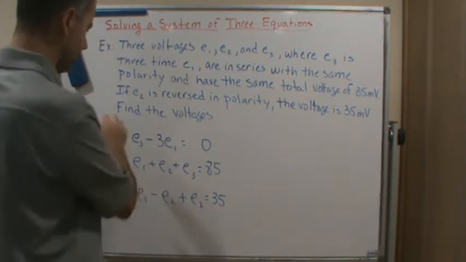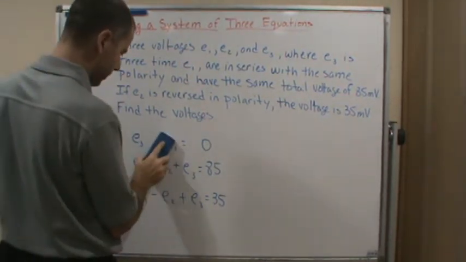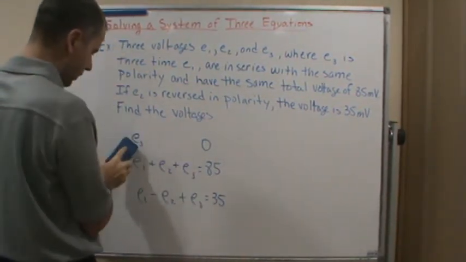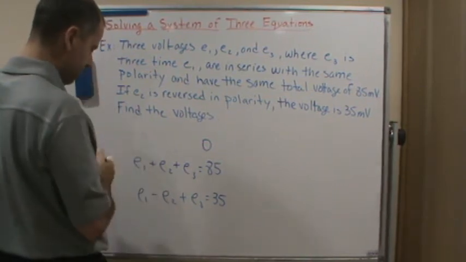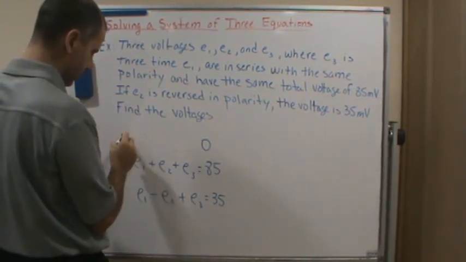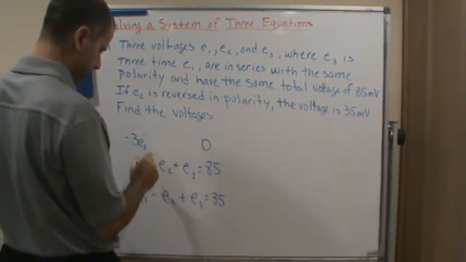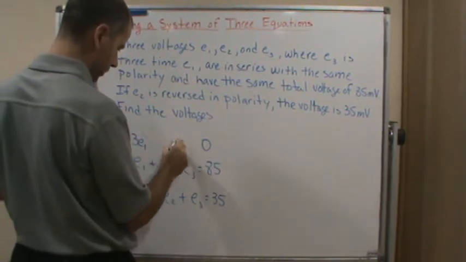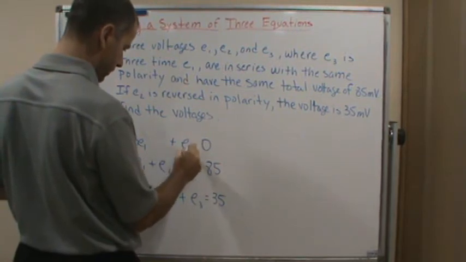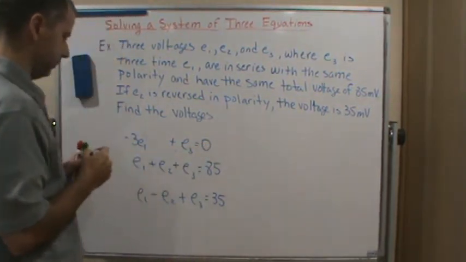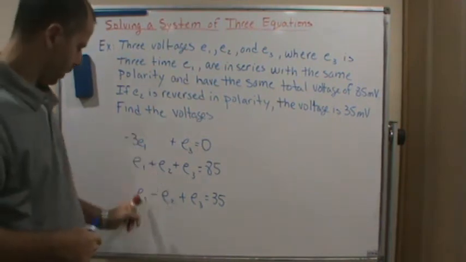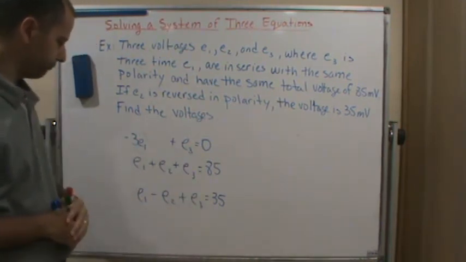Okay, so let's line this up. It'd be minus 3E1, like that, just so that all the variables line up.